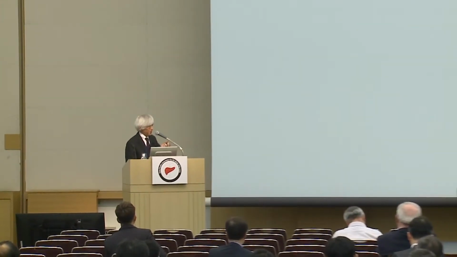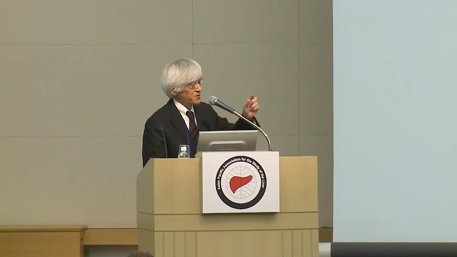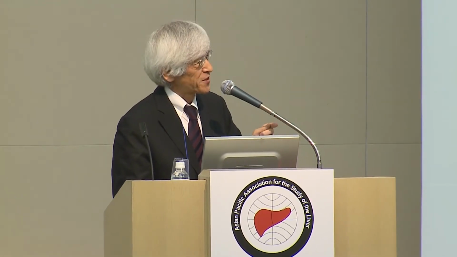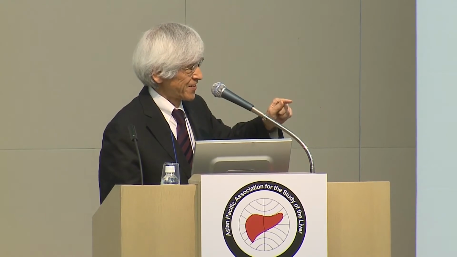I'm sorry, I can't understand the question exactly, but anyway, a simple 5 millimeter expectation of safety margin is not correct, I think, from the viewpoint of microcirculation. It's very irregular in shape.